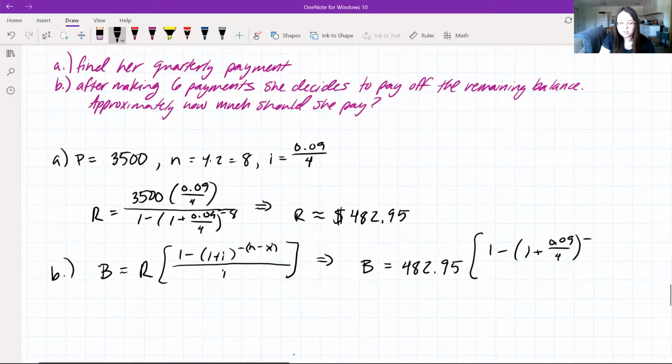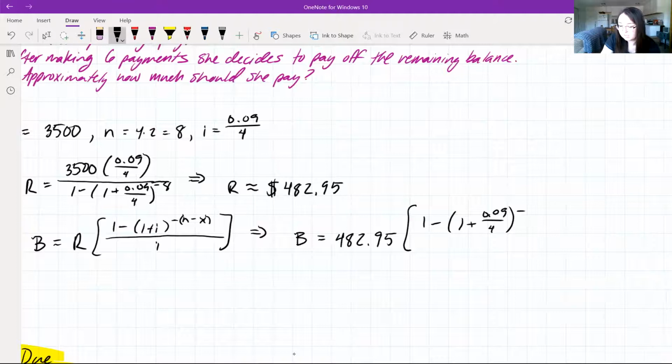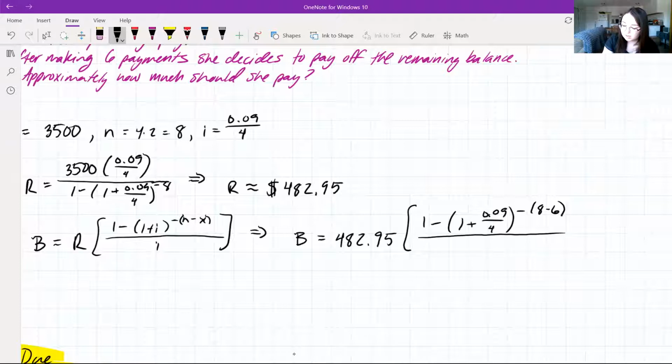So our n value was 8. We made 6 payments, so it's 8 minus 6. So we want to find whatever is remaining. And then we're going to divide by our interest rate, 0.09 divided by 4.